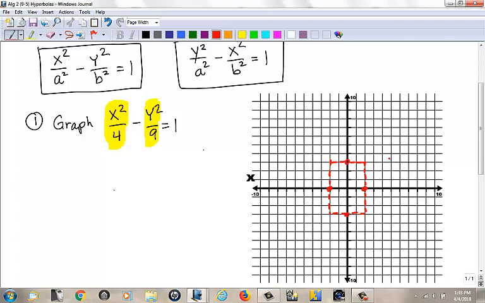Okay, and then you draw what they call an asymptote, a guide, through the corners of that rectangle. So I'm going to go through the corners here. It's just like an asymptote. I'm a little crooked there, huh? This is pretty quick.